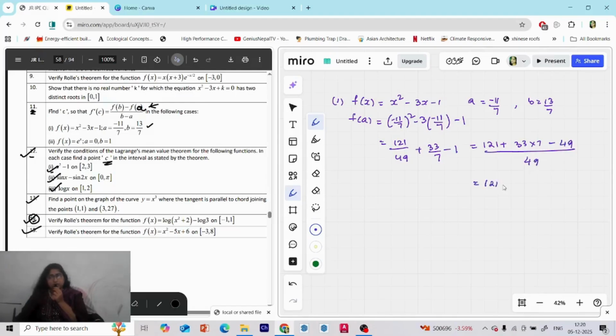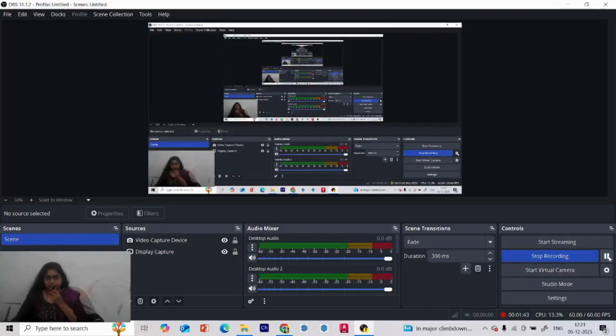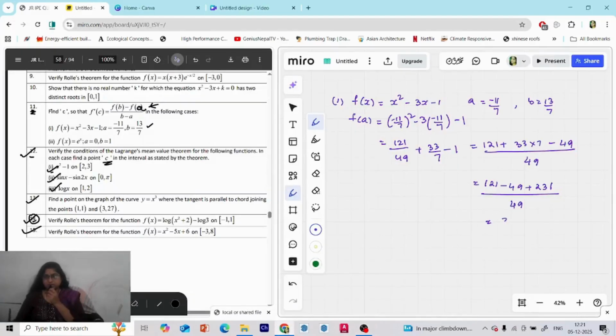So 121 minus 49 plus 231, 303 by 49 వచ్చింది. ఇది f of a. ఇప్పుడు f of b కనుక్కుందాం. f of b is equal to 13 by 7 whole square minus 3 into 13 by 7 minus 1.